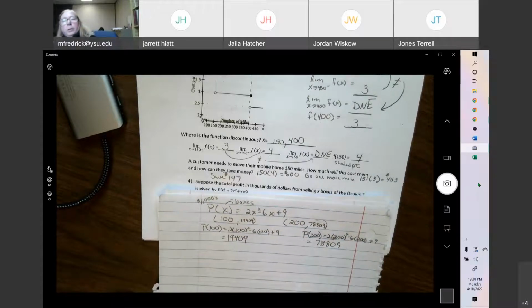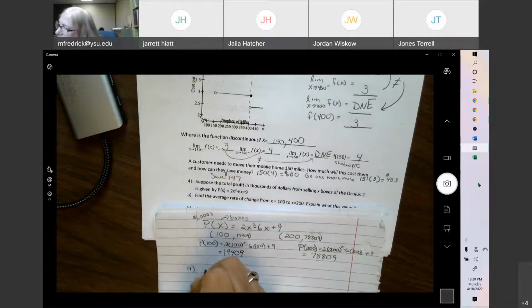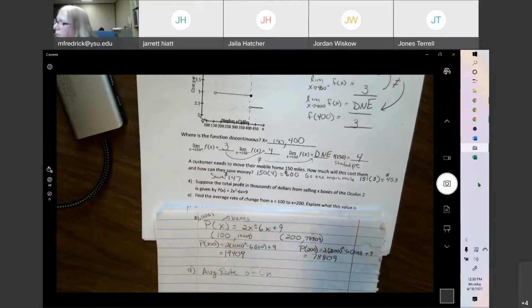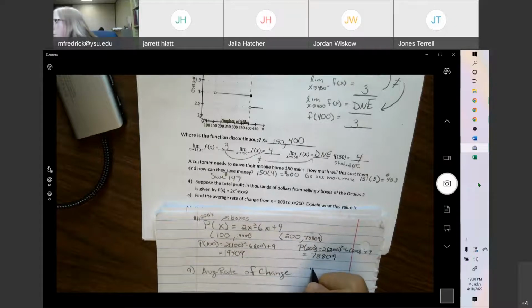So now I have my 2 points. Average rate of change: y1 minus y2 over x1 minus x2.